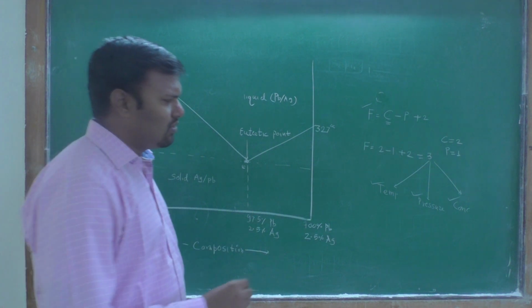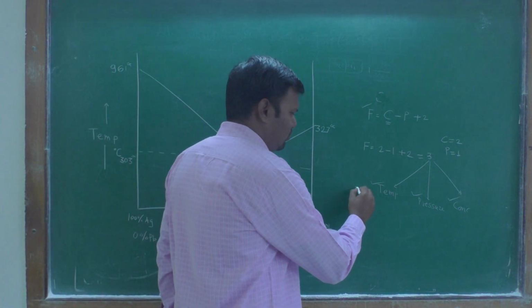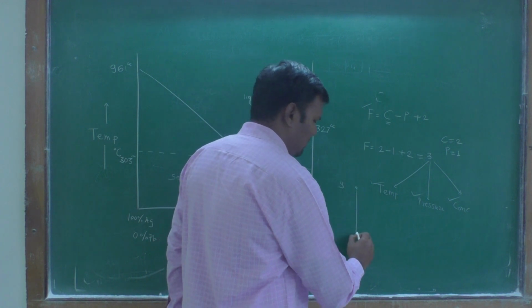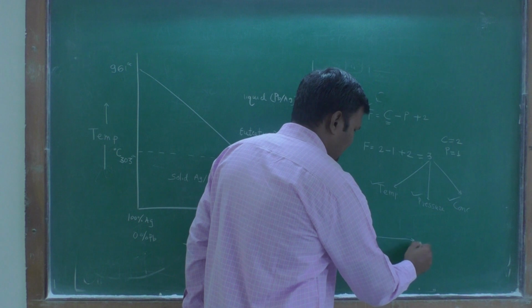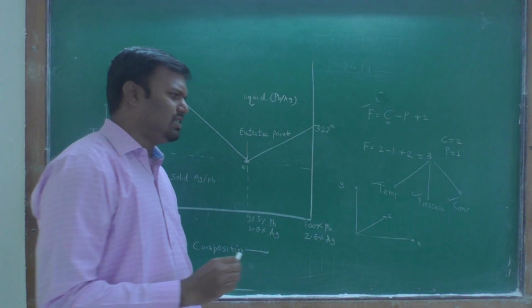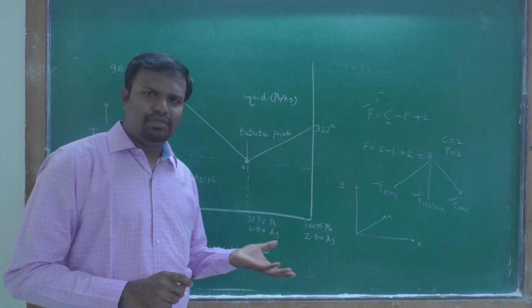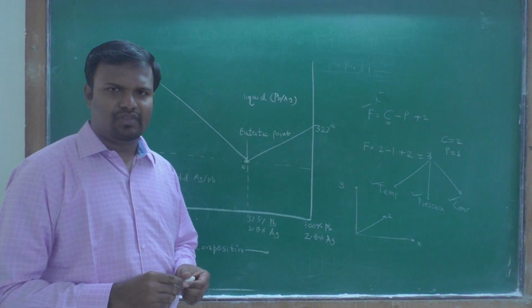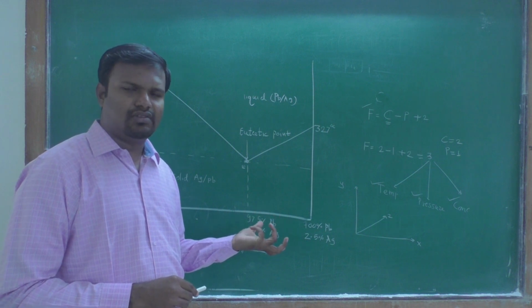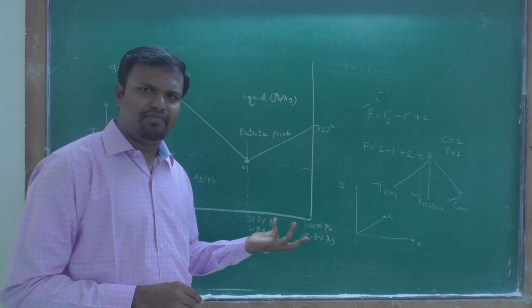Three variables means you require 3 coordinates, that is x, y and z coordinates. Your phase diagram would be 3 dimensional, and therefore it is difficult to understand this 3 dimensional phase diagram.